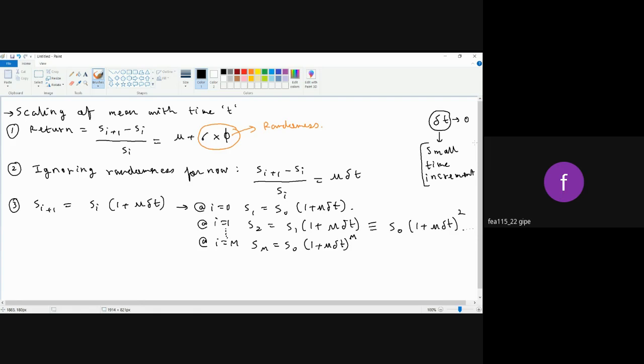So not exactly a tick size, but you can imagine this from a time perspective, because from a tick size perspective, we don't really talk about time, isn't it? Because that stock price can move by that much tick at any point in time. But here we are not really worrying about where the underlying asset price is going, but we are trying to relate this to a very small time step and understanding how exactly that underlying is moving accordingly. So maybe related to the idea of tick size, but not exactly the tick size.